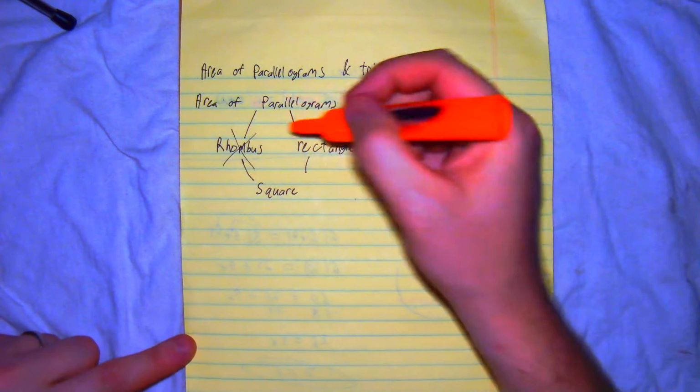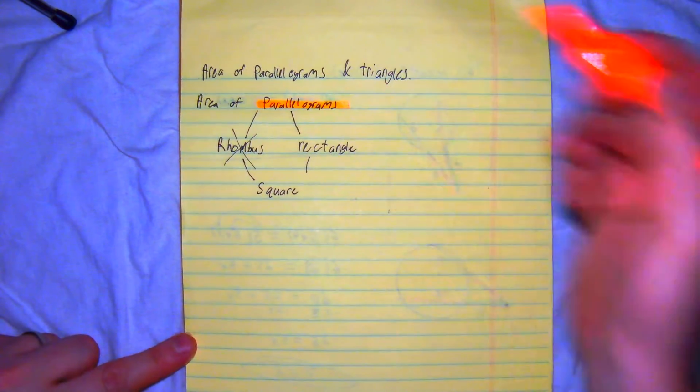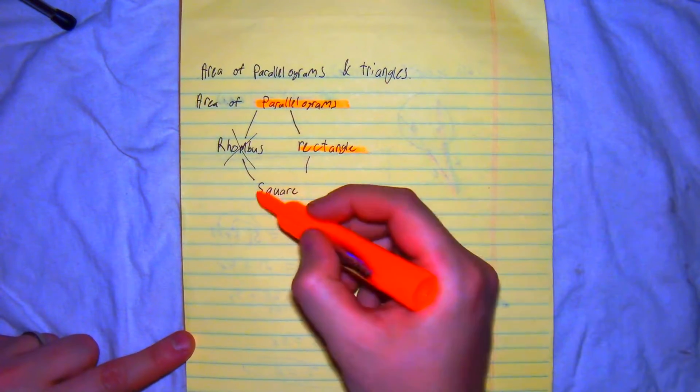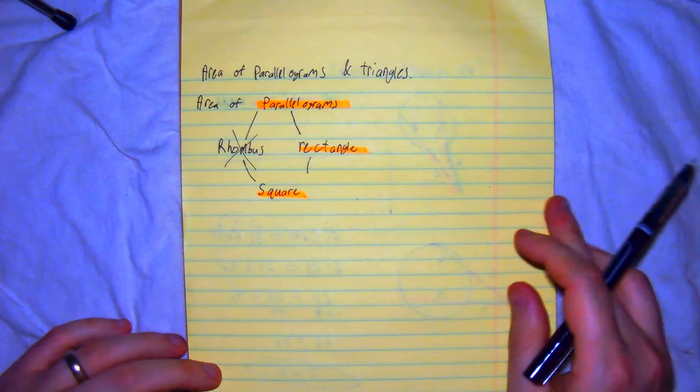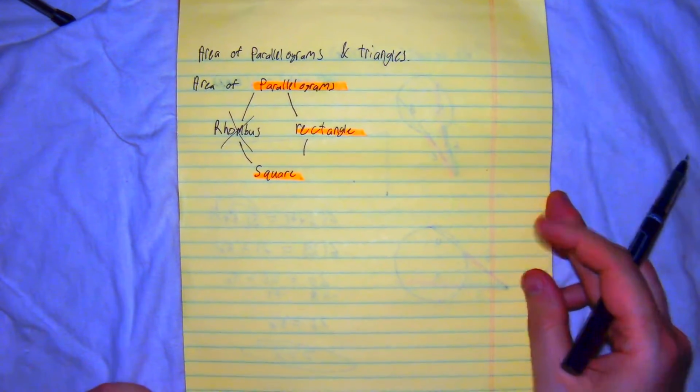For this unit itself, for the parallelograms part, we're not going to use the rhombus. That'll be in the next section, just due to the nature of its diagonals. Alright, so we're just going to be focusing on, for the parallelogram part, parallelograms, rectangles, and squares. And a triangle, we're just going to focus on that right there.